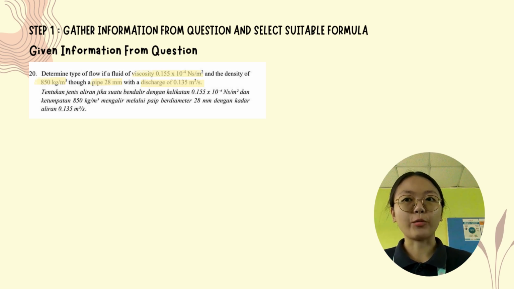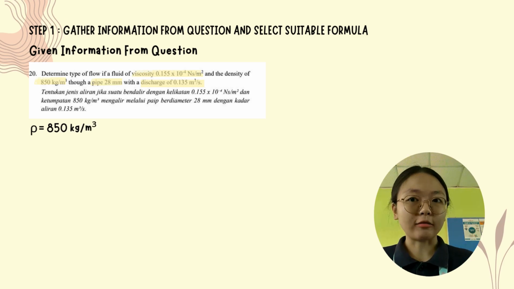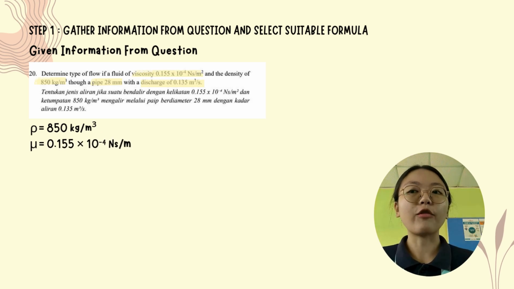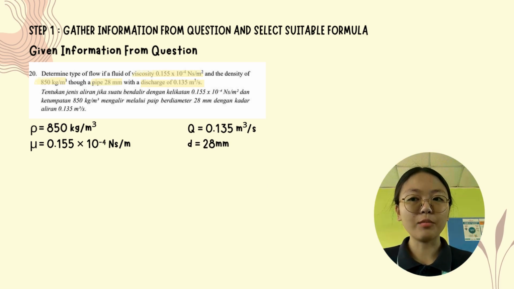From the question, we can see that the given density is 850 kg per meter cubic and the dynamic viscosity is 0.15 times 10 to the power of negative 4 Newton second per meter square. The flow rate given is 0.135 meter cubic per second and the diameter is 28 millimeters.